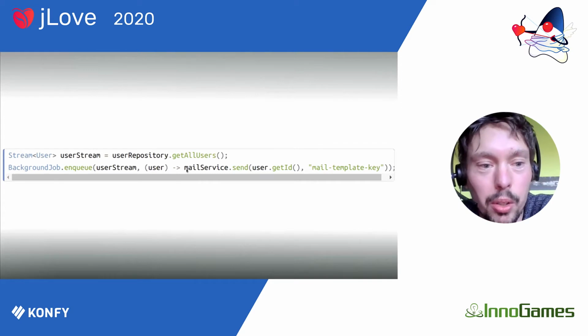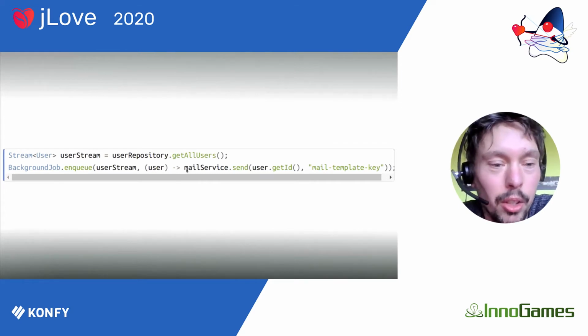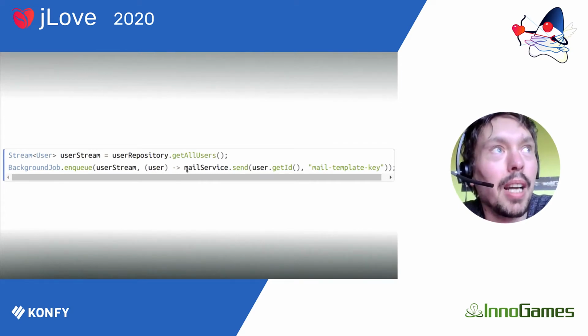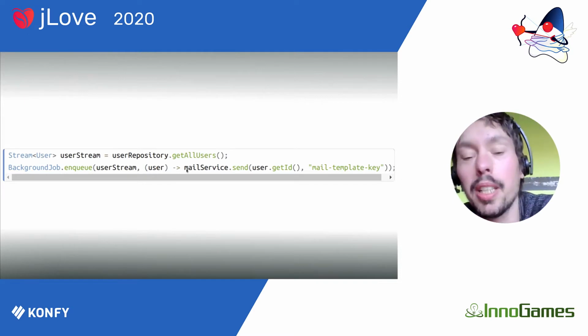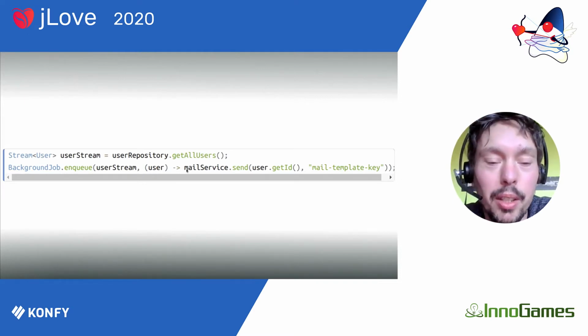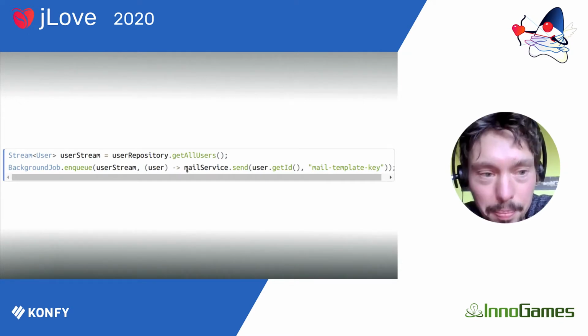Sometimes you want to run jobs for a whole lot of data, for all your users in your database, for example. So let's say you have a user repository, you put a method on it which returns all the users. And the nice thing is that Spring, for example, gives you a stream of users.